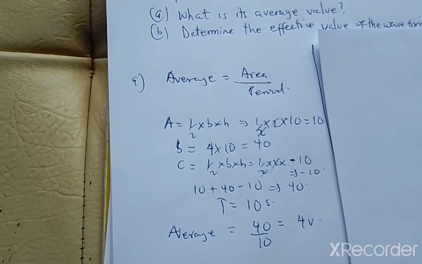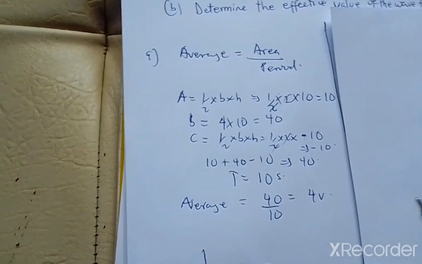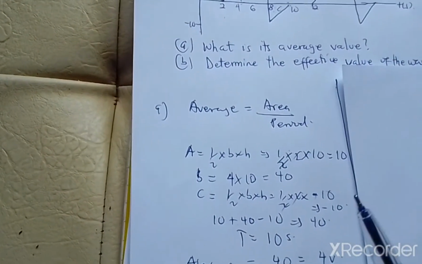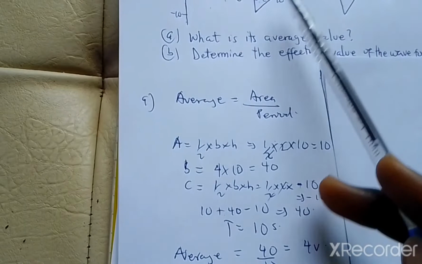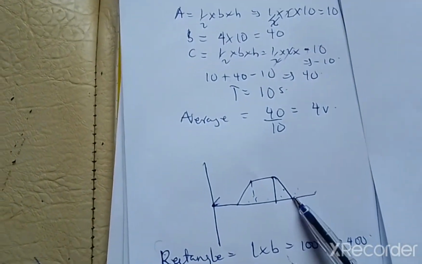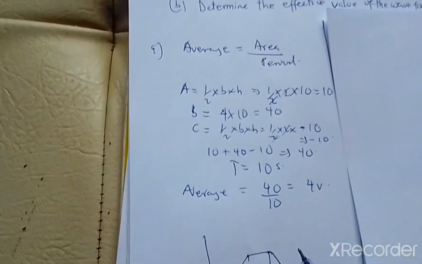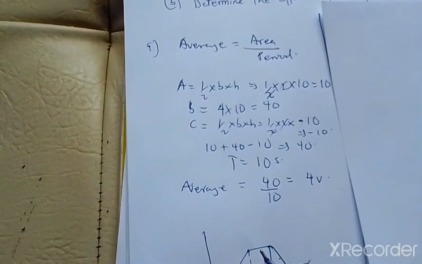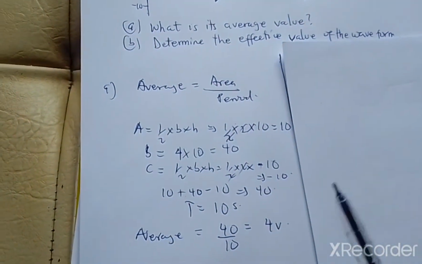Now let's move straight to the effective value. To find the effective value, that's the B part, you have to square the cycle and find the area under the squared cycle. Once you square the cycle, this inverted part will move up because there wouldn't be any negative. So it will look somehow like this. You know that the VM, that is the peak voltage, becomes 100 because it has been squared.